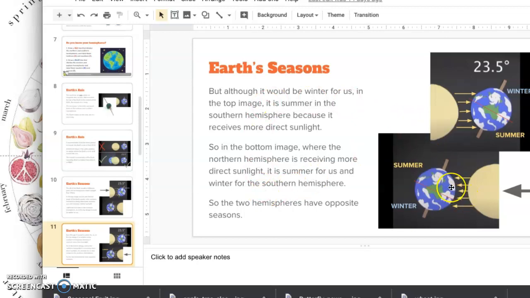If you remember, I had posted these pictures as an example of direct and indirect sunlight. So in our northern hemisphere, when it is summer, it's tilted towards the sun and receiving direct sunlight.